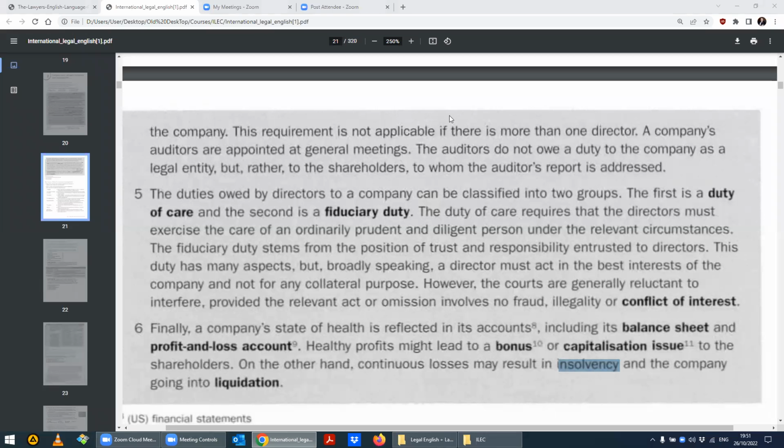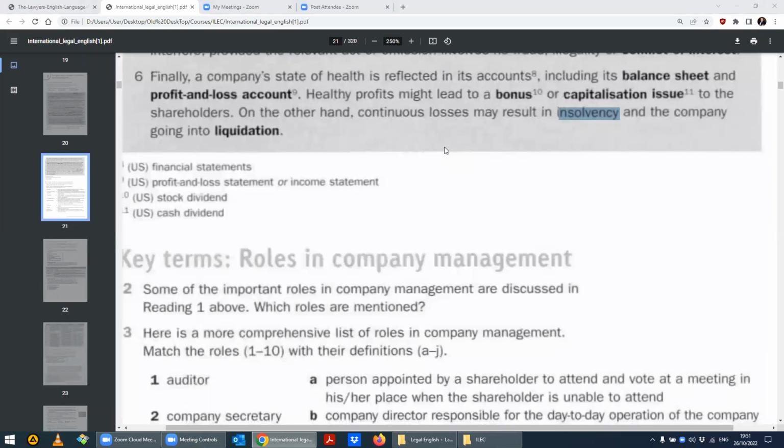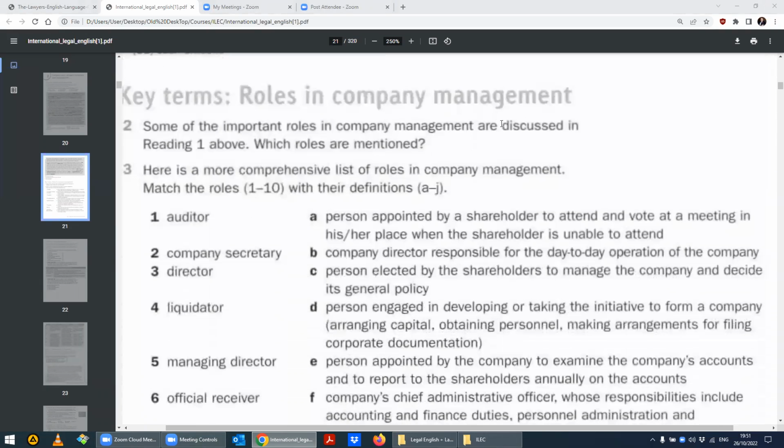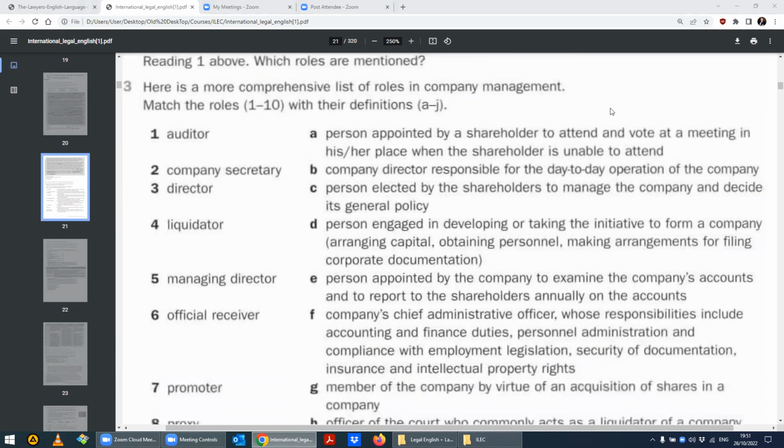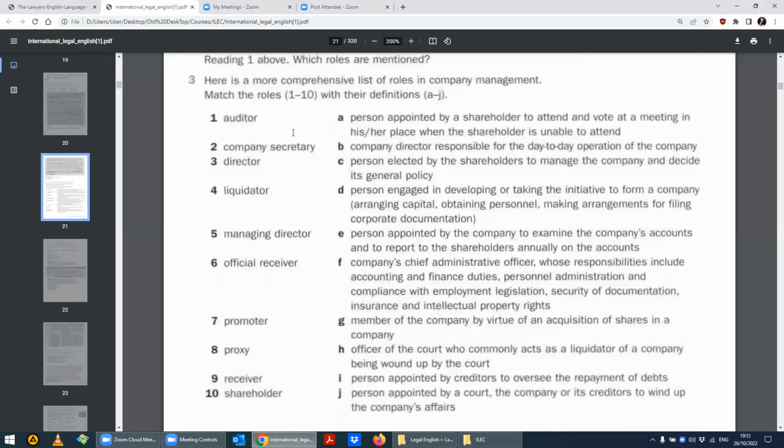Okay, now then, let's have a little exercise, because it's not interesting really for you to listen to me lecture. I'd much rather deal with exercises. I've taken a bit too long to go through that text, and I apologize. What we've got here is a list of 10 roles in a company: auditors, company secretaries, directors, liquidators.